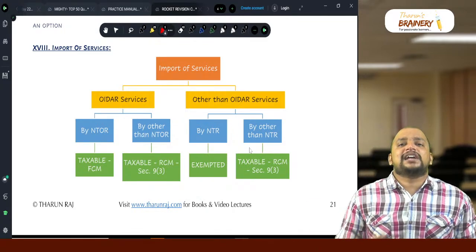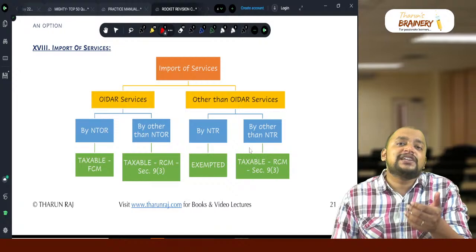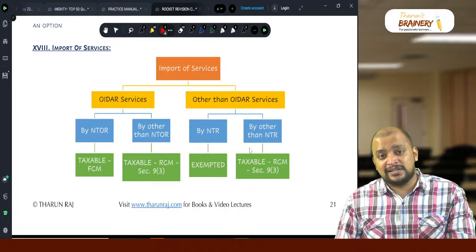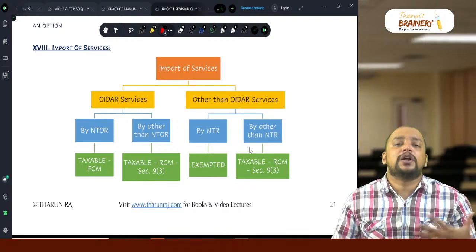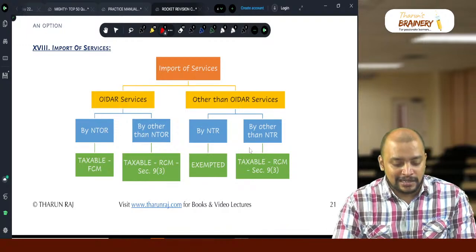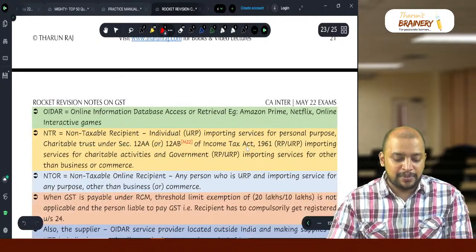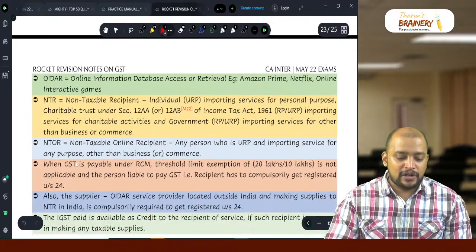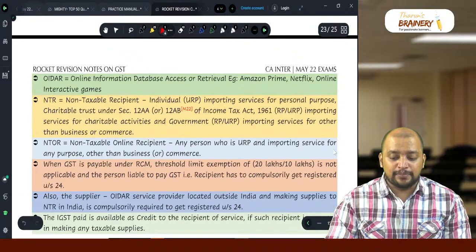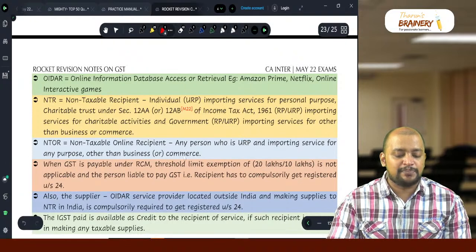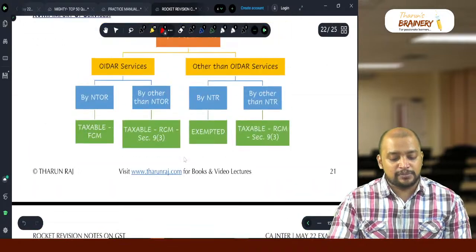Who is a non-taxable online recipient? An unregistered person importing services for any purpose other than business or commerce, that is, for personal purpose, will come under non-taxable online recipient.